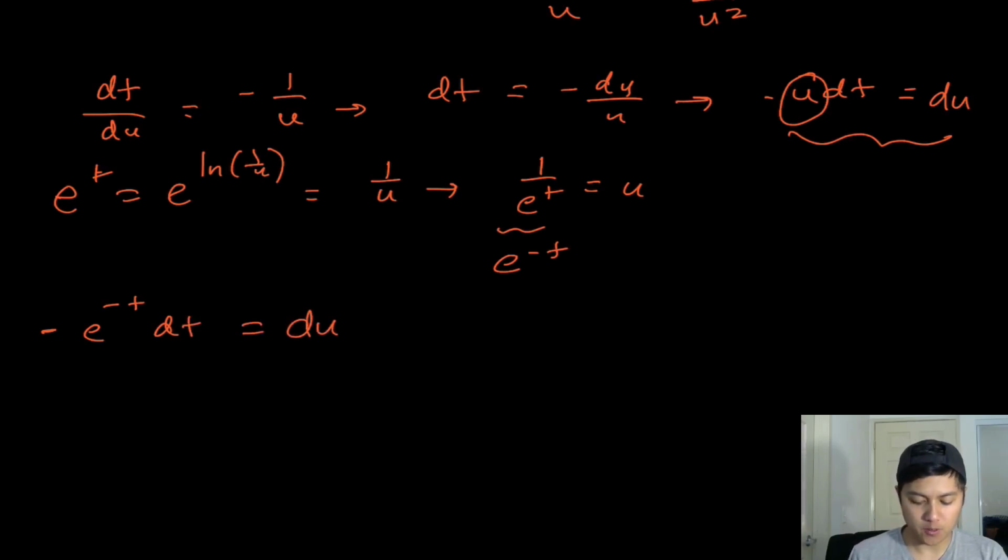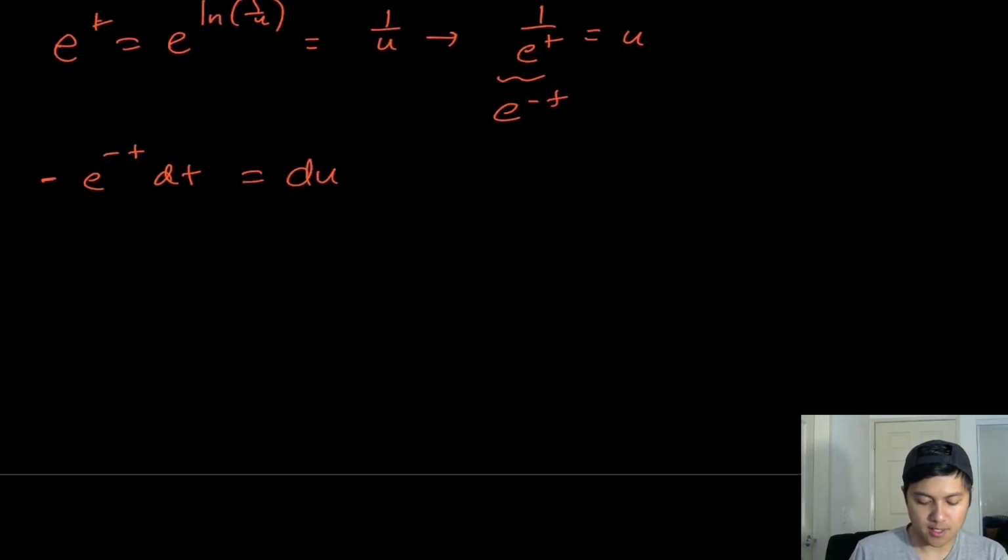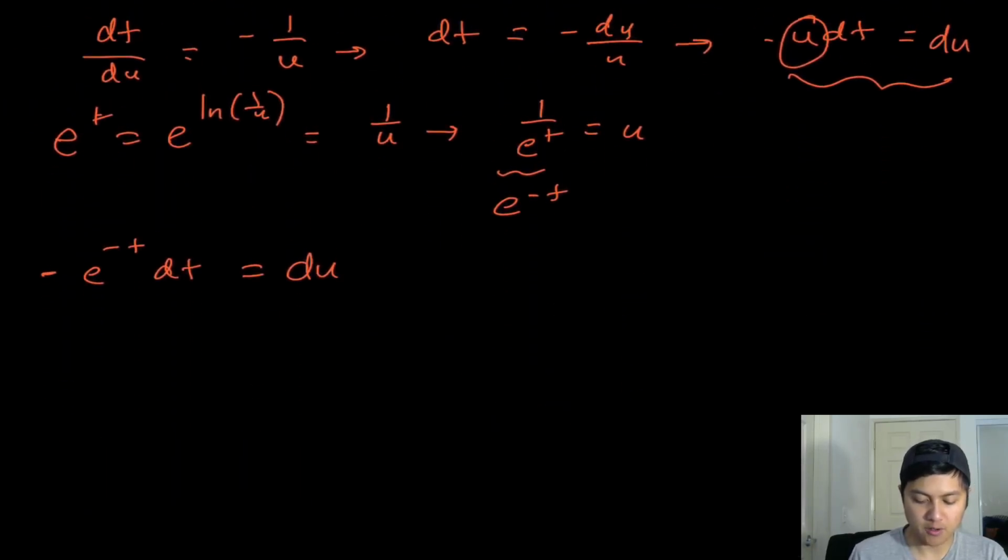And so what we can do now is look to rewrite this integral, but we also need to consider what the bounds are. These integration bounds are in terms of u, but we want them in terms of t. So let's think about the relationship we just established.